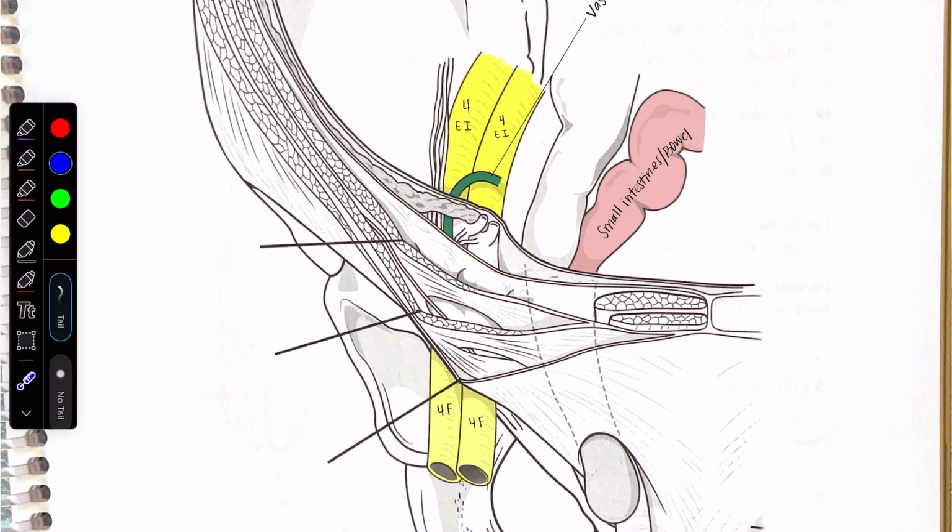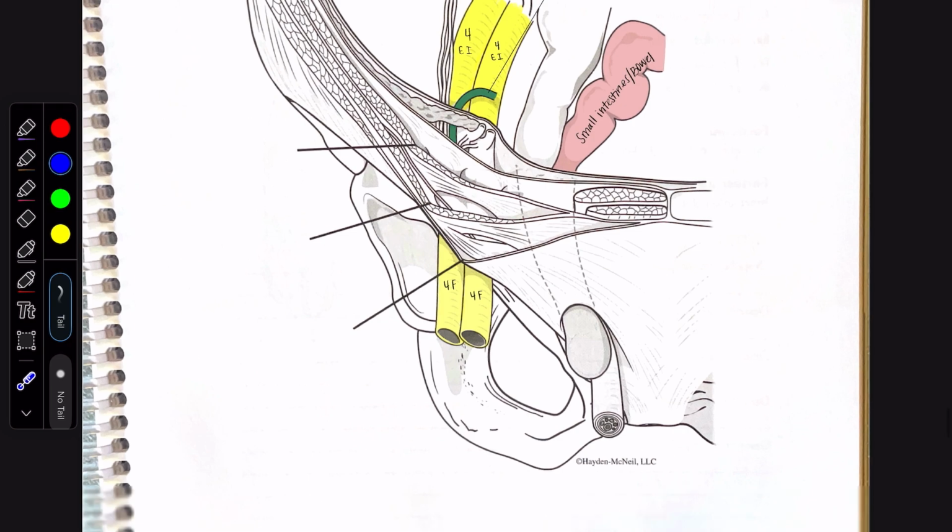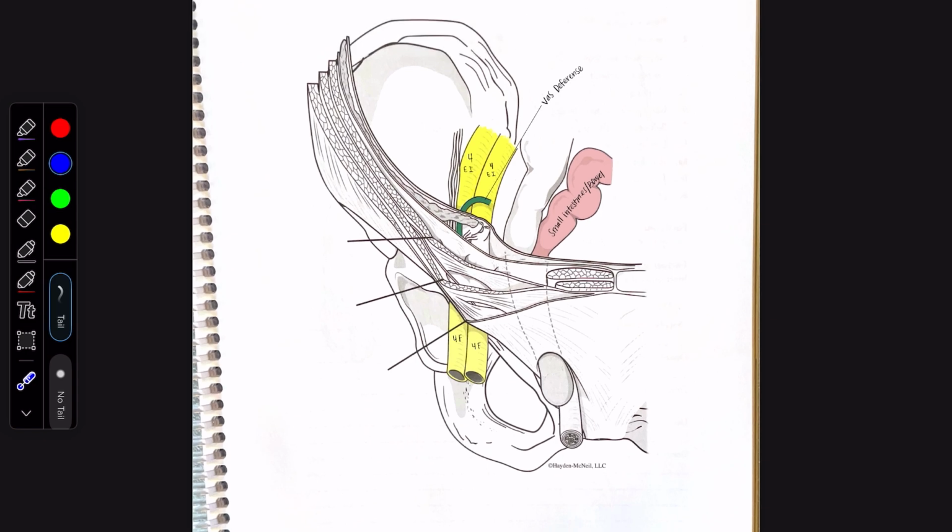This is your spermatic cord. Acetabulum, your ischial part of the pelvic bone, ischial tuberosity. And your iliac crest.